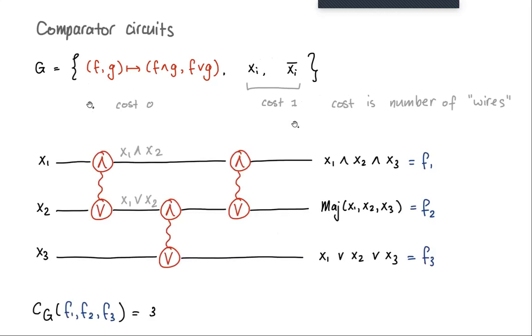And here's a nice way to draw these comparator circuits. We start with a bunch of literals on the left, and then we start applying these comparator gates like this. So here we have 3 comparator gates that are applied, and on the right-hand side we compute these functions. And here the cost is the number of these horizontal wires in the circuit. So in this example, it's 3.